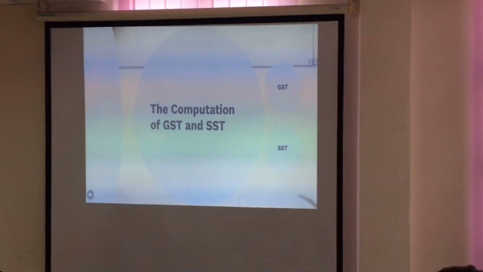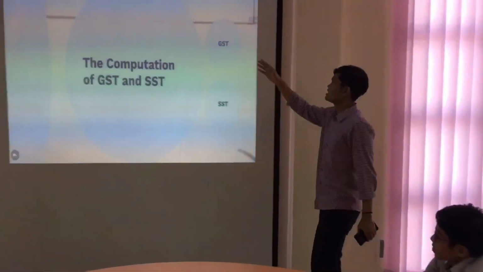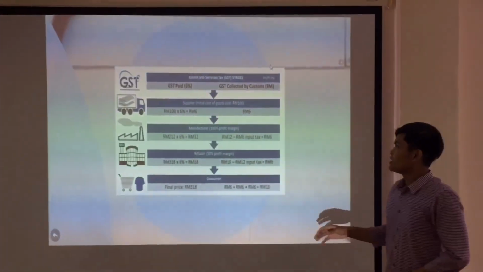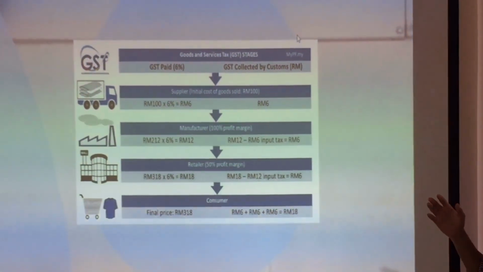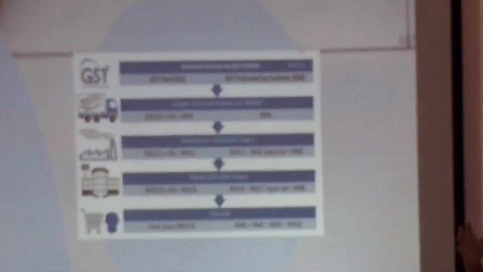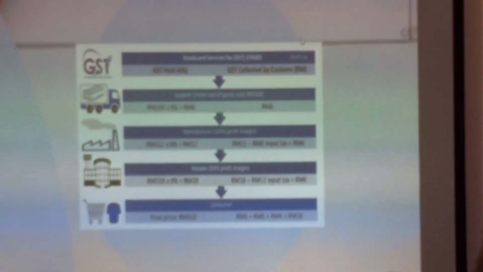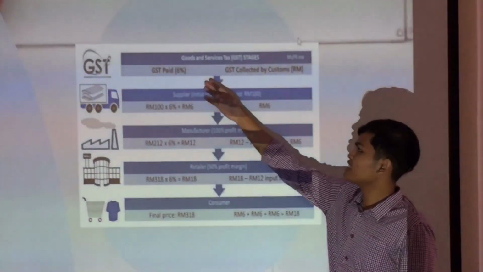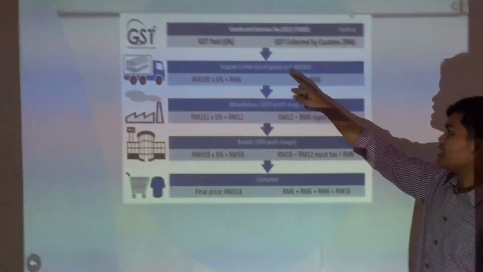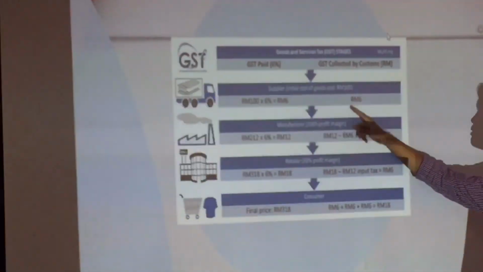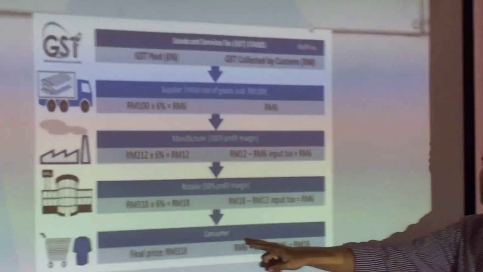So we are going to look at the computation of GST. GST is a multi-stage tax. Multi-stage tax means that it is charged on the supplier, manufacturer, retailer and consumer.